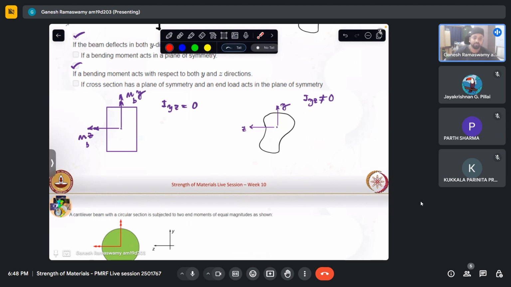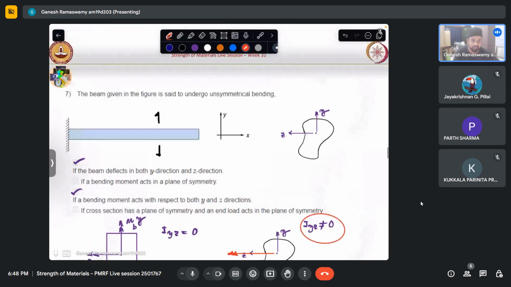Similarly, dA xy or dA yz will actually be Iyz. So when that is not zero, even if I were to have a moment acting only about one direction, I will still have deflection, not strictly following in that direction, but there will be some more inputs to that because of this not being zero. So that also causes unsymmetrical bending. So I hope that is clear.